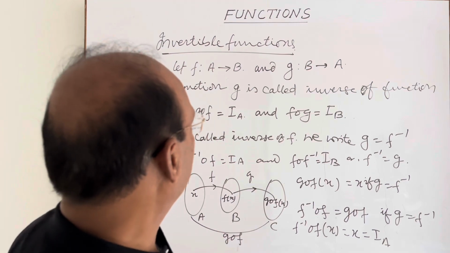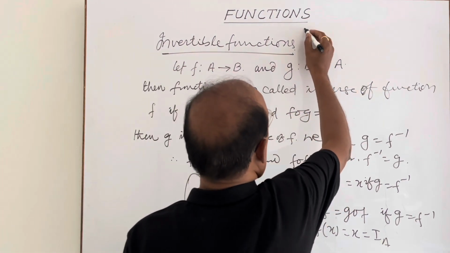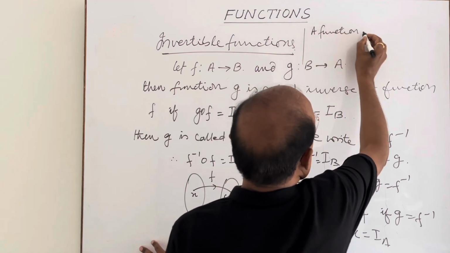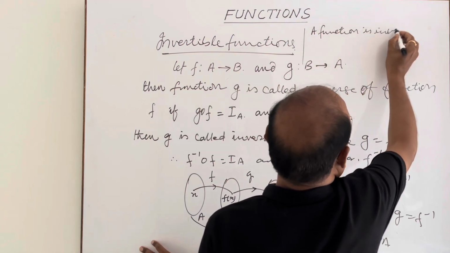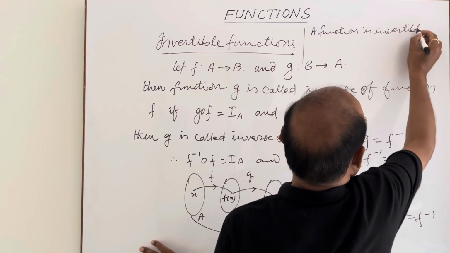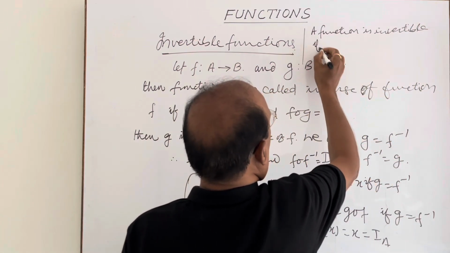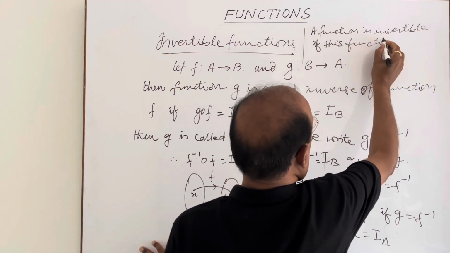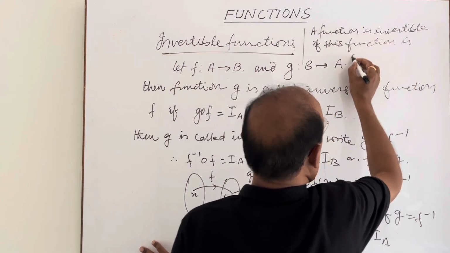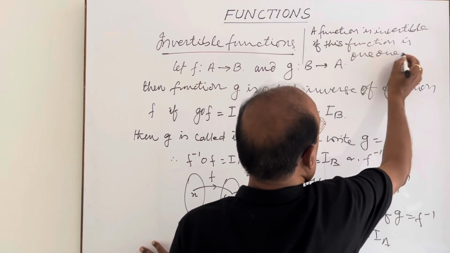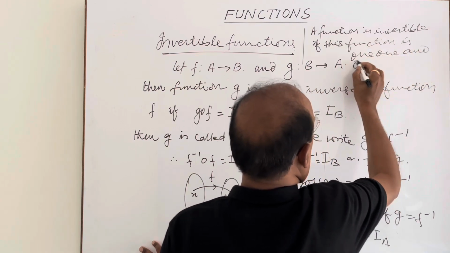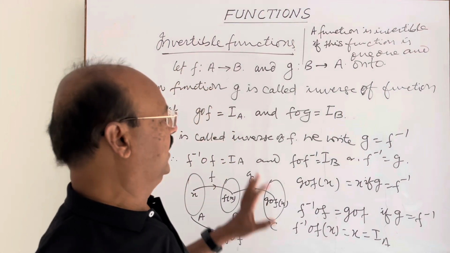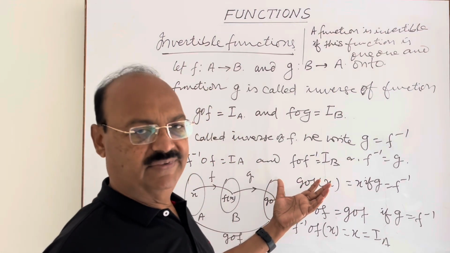We should note that a function is invertible, meaning we can have its inverse, if this function is one-one and onto, then only the function will be invertible and we can find the inverse of this function.